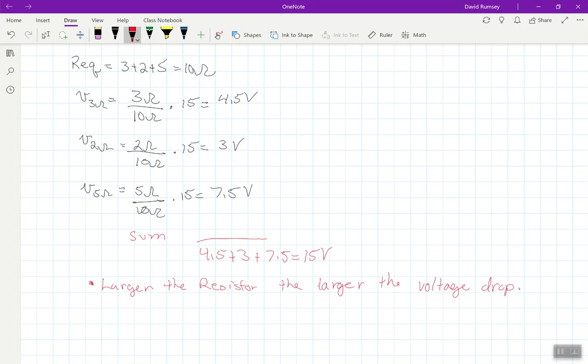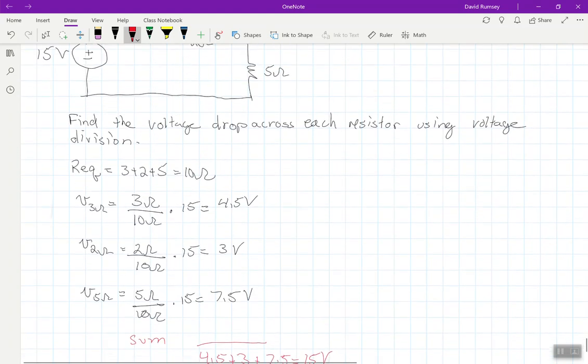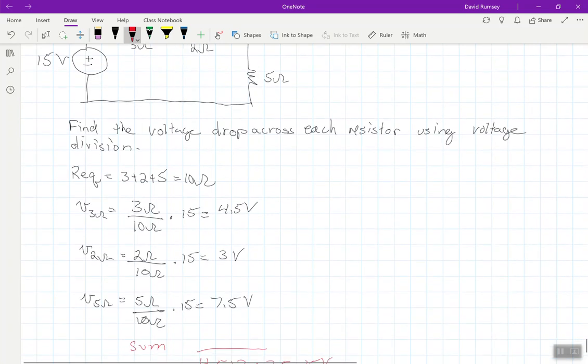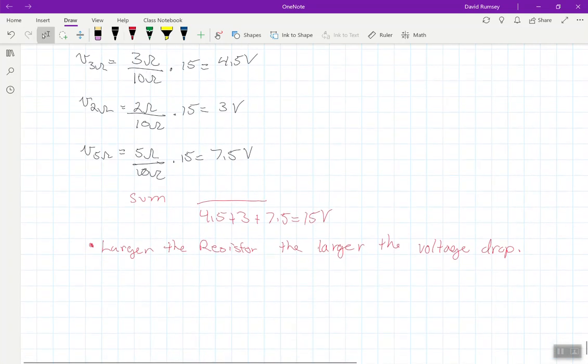Now this should not be surprising at all, just looking at the formula. If I scroll back up to this formula, if I'm increasing R sub n, then of course V sub n is going to be bigger. So the larger the resistor, the larger the voltage drop.